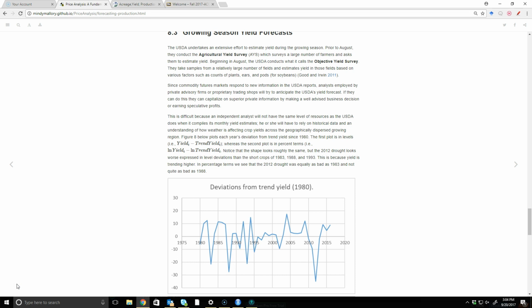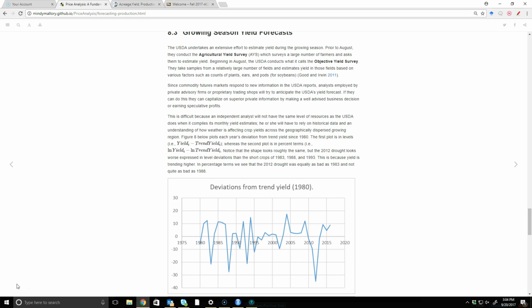Now, absent of having a really detailed and sophisticated agronomic model that can input things like precipitation and heating degree days and have a very good understanding of the geographic dispersion of weather, you're probably going to be reliant on looking at historical data and specifically historical deviations from trend yield.